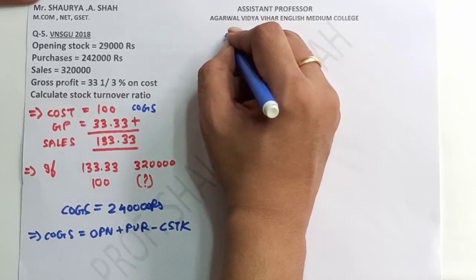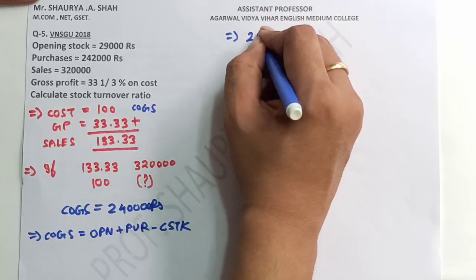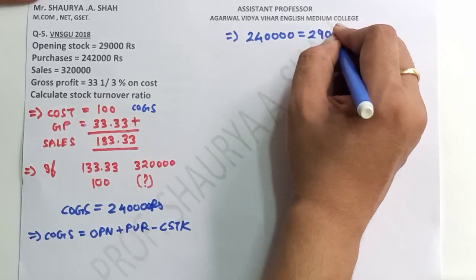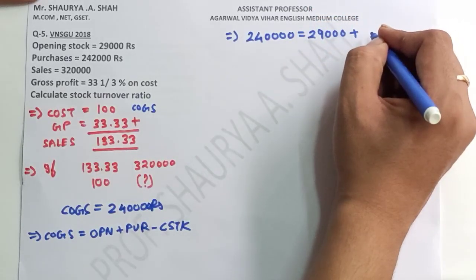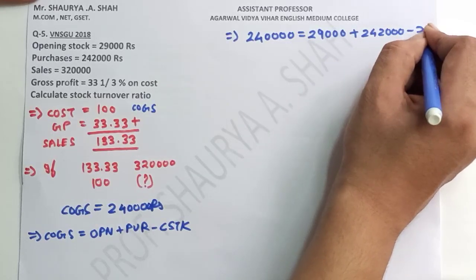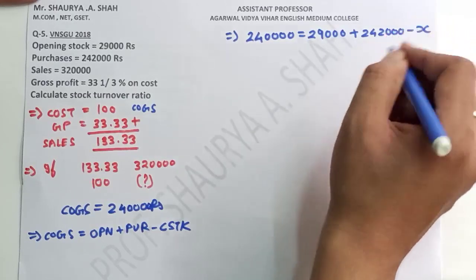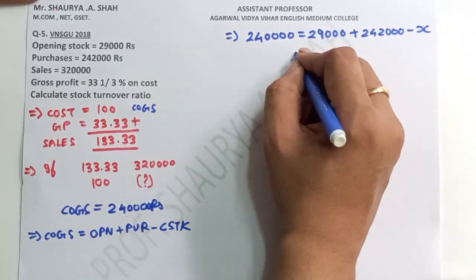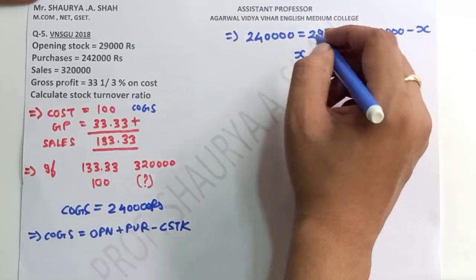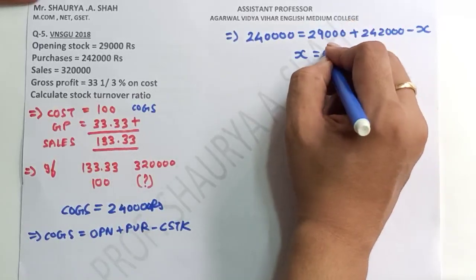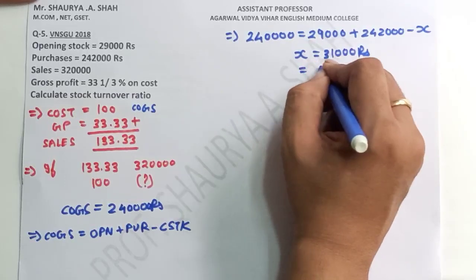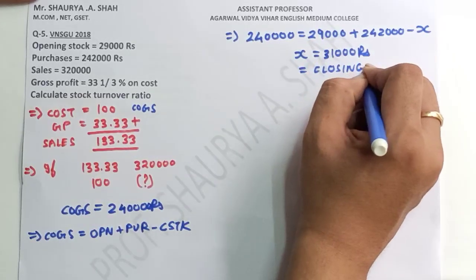So putting in the formula, COGS 2,40,000 rupees, opening stock 29,000 plus purchases 2,42,000 minus X, as I do not know it, right? So when I solve this entire equation, you will get the answer. 29,000 will go here, again 2,42,000 and X, right hand side, left hand side. When I solve it, you will get the answer of 31,000 rupees. That is equal to my closing stock.